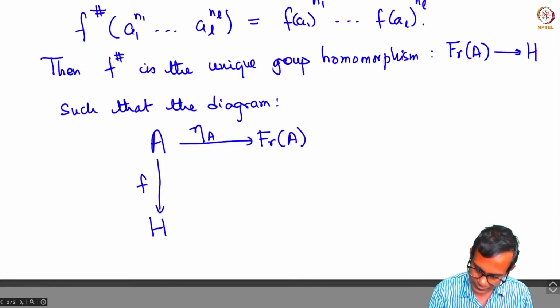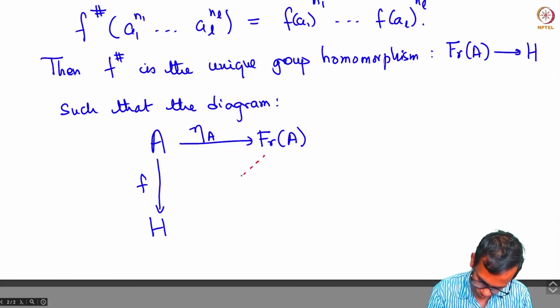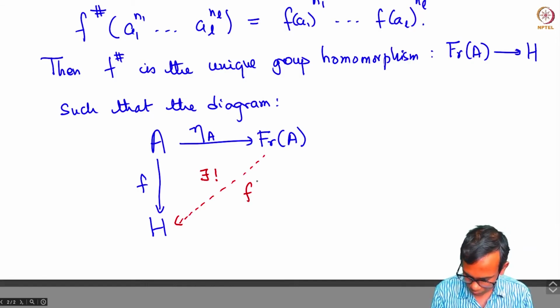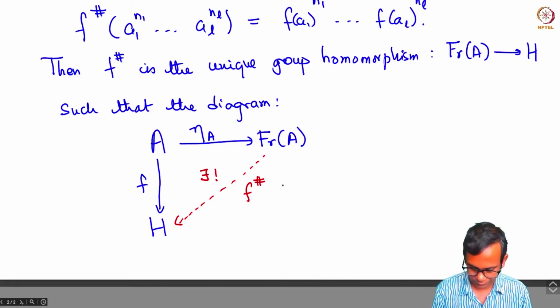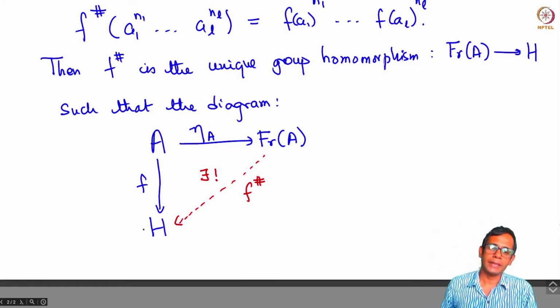And what we are saying is that there exists a unique group homomorphism f hash from the free group of A to H. Okay, so this is a universal property of the free group on A.